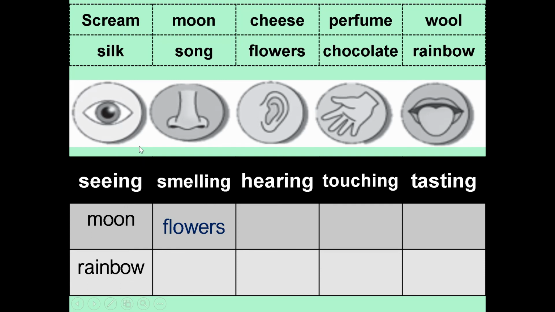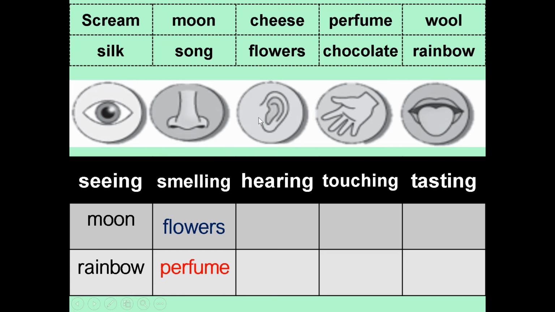We use them for seeing a rainbow. That's it. For smelling, I guess it's easier. We use our nose for smelling flowers and for smelling perfume.